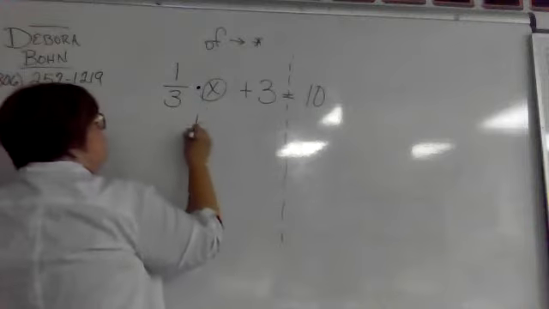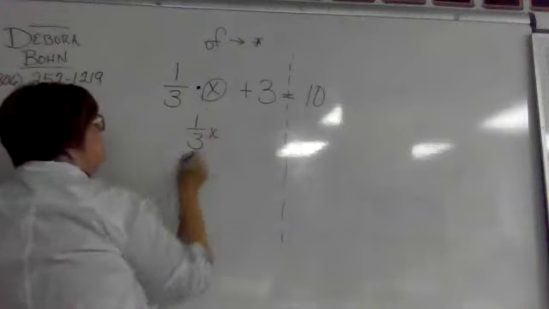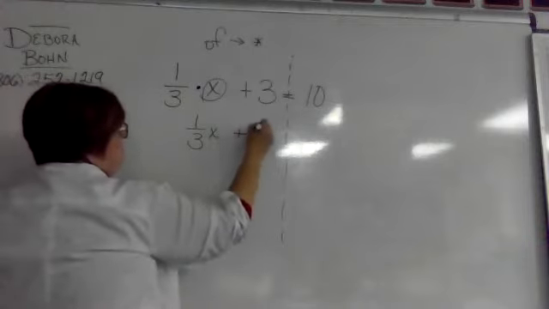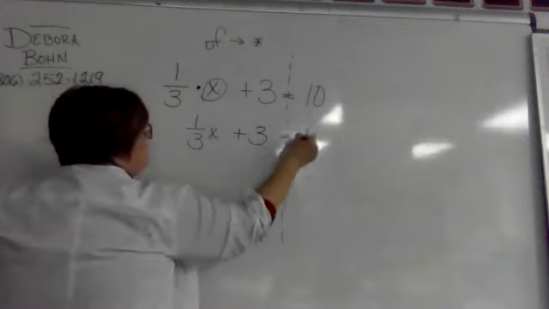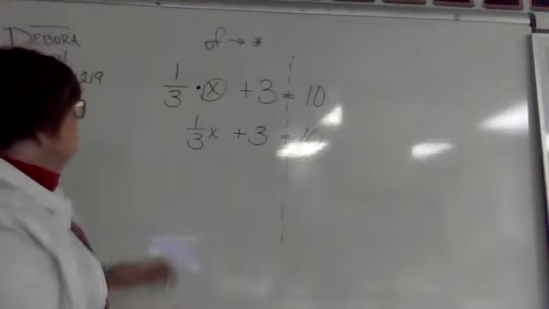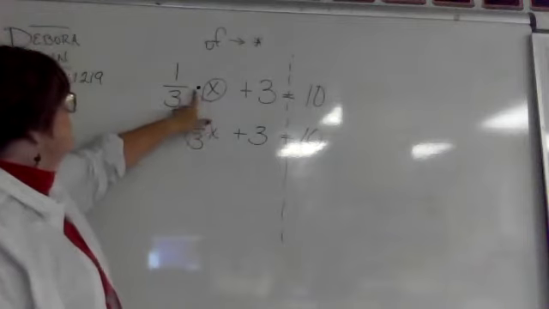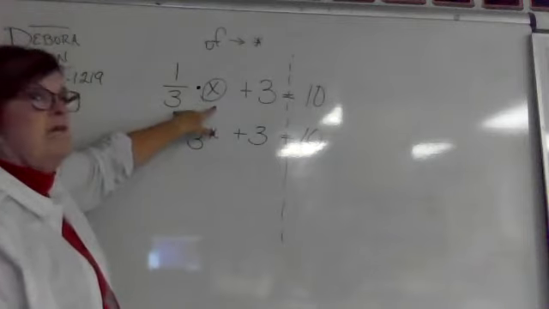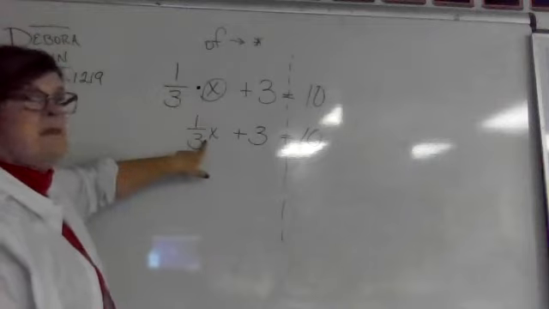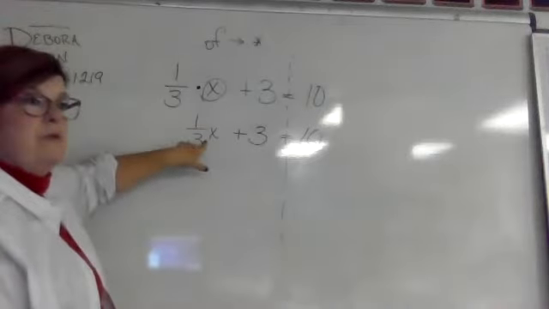So you have 1/3 x plus 3 equals 10. We didn't do any mathematics there. We simply said 1/3 times x. Let's not have it so spread out. You can cram these together and it means times. Are you guys okay with this?